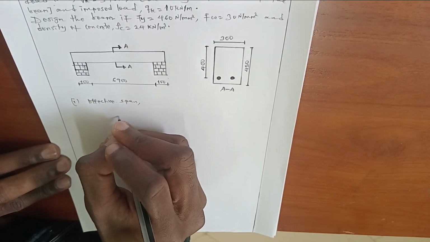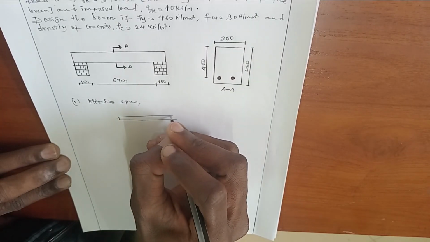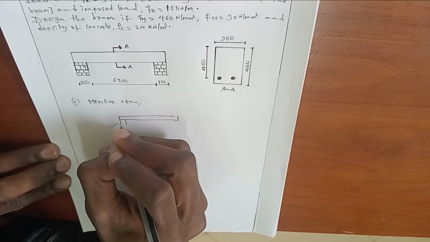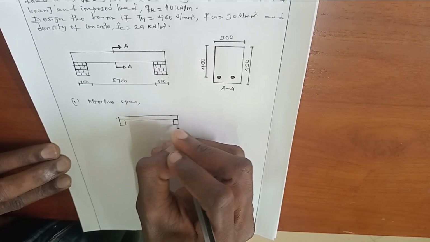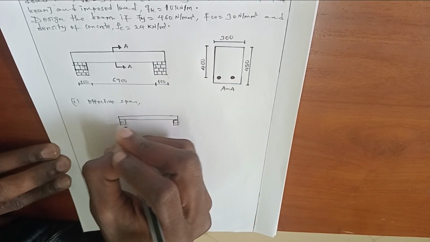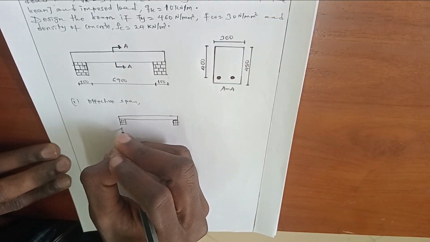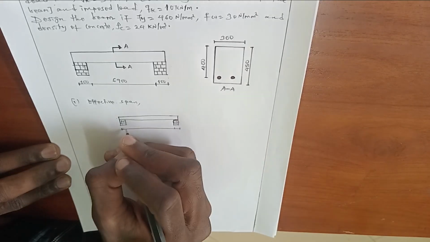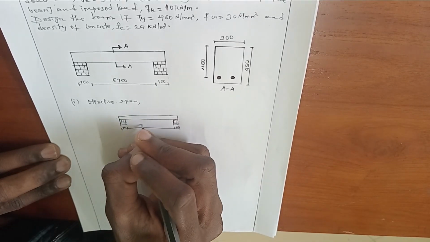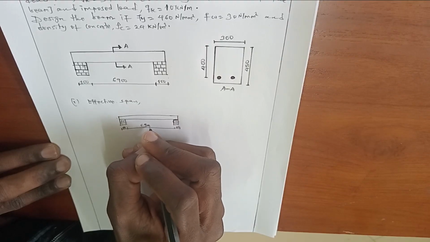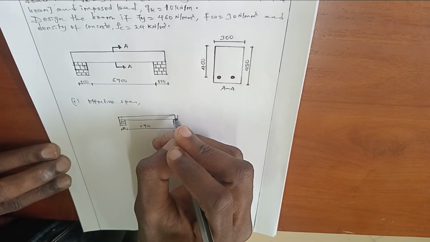This beam was drawn this way, supported by two supports. Of this span, this is 6900 millimeter, and this is the center of the support.